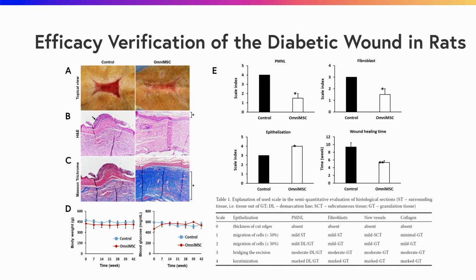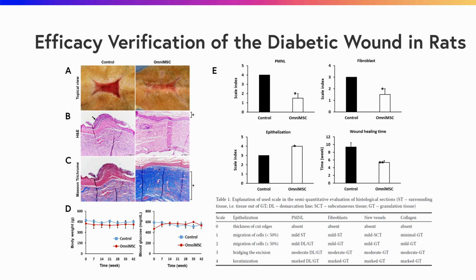The first example we set up for clinical use of the mesenchymal cell bank is using this type of cell in diabetic wound healing, especially the chronic wound healing of many diabetic patients. We show here the animal study in a rat model of diabetic wound.